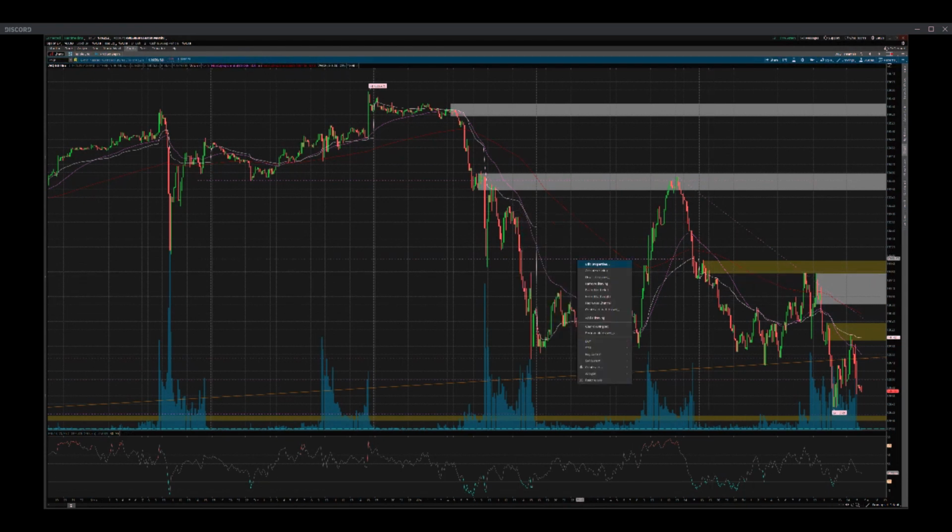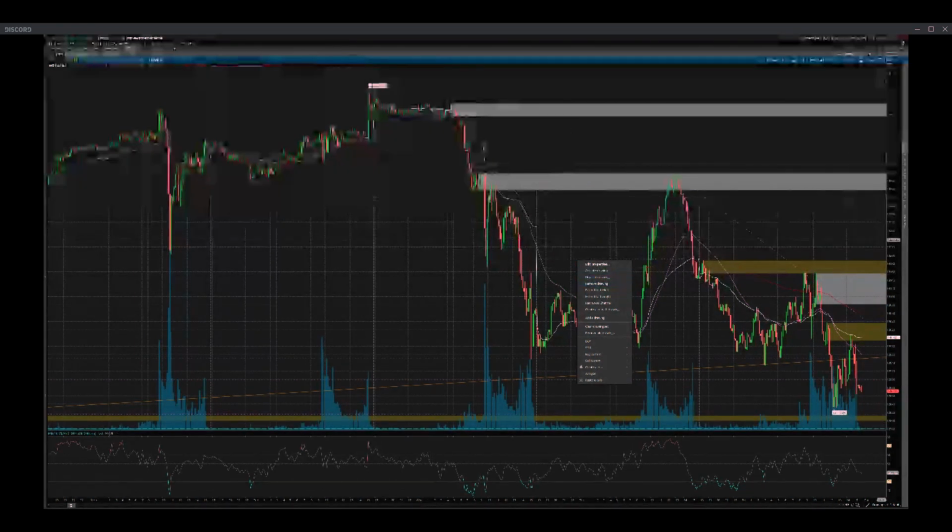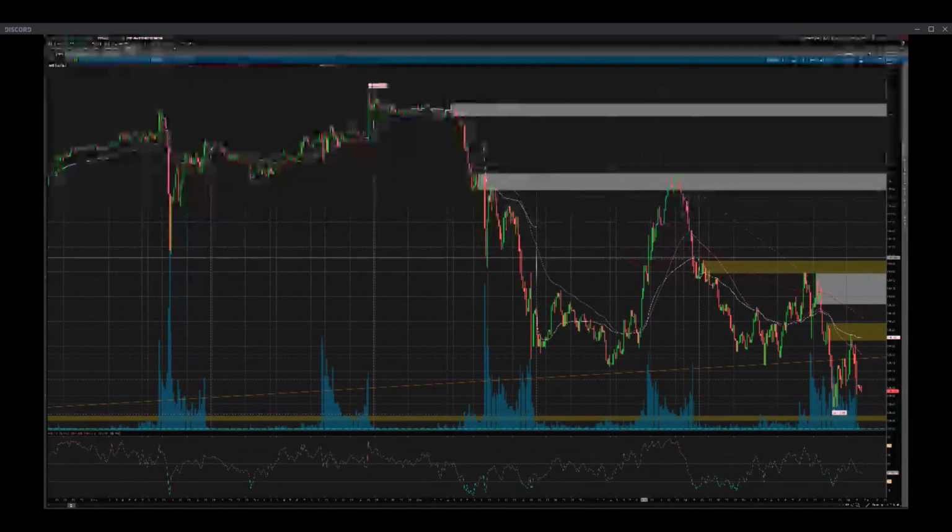Those are levels you can look at. For example, this level that I drew here is a perfect example. What happened here? We got rejected off of it. We came up to it, boom, got rejected off it. Entered the zone again.